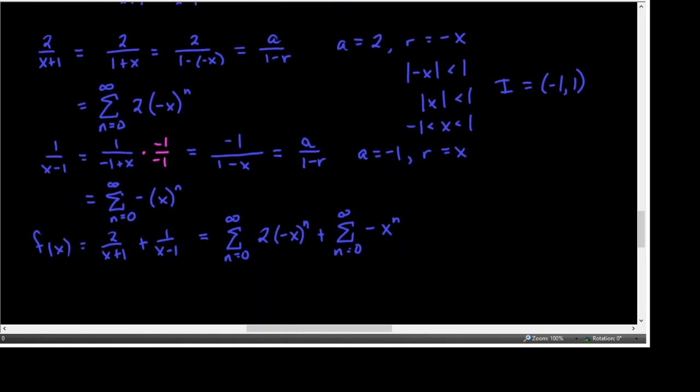Oh, and I forgot to do the interval of convergence for the second one, so let's do that. That means that the absolute value of r, which is x, has to be less than 1, which means that x is between -1 and 1. These happen to be the same interval of convergence. Actually, if they didn't agree, you would have to find the intersection of their intervals of convergence.